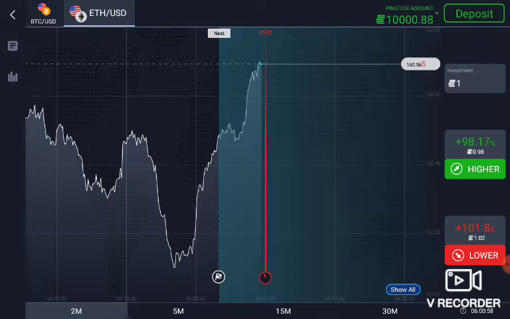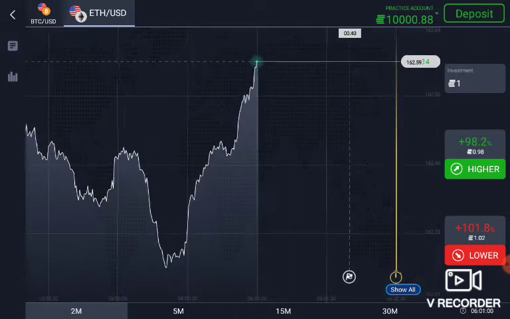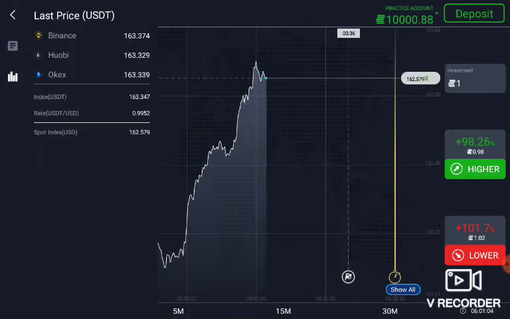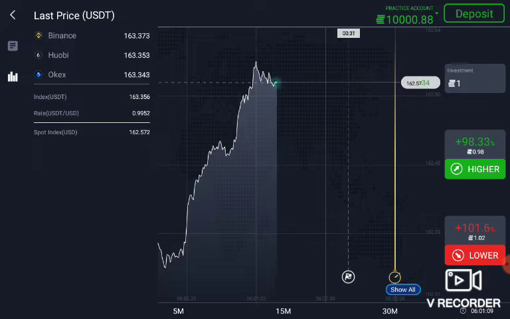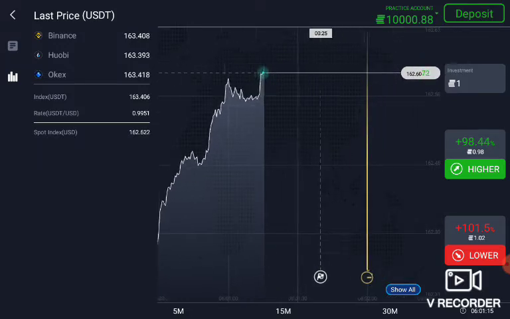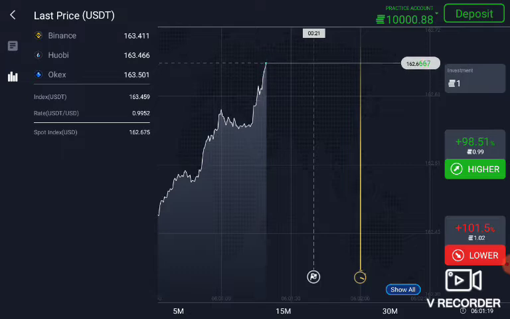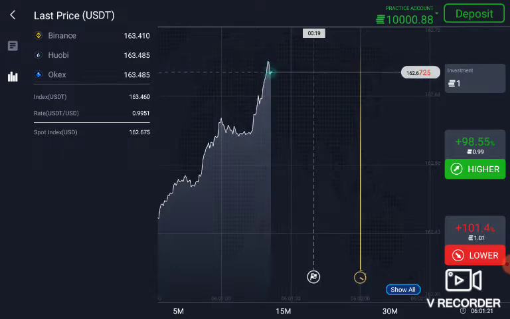Now, what you're basically trading on is the average price. If you look over here on the left, you see that they are getting their averages, or making their average price, using Binance, Huobi, and OKEX. You can see the price among the three is between 163.41 and 163.50.